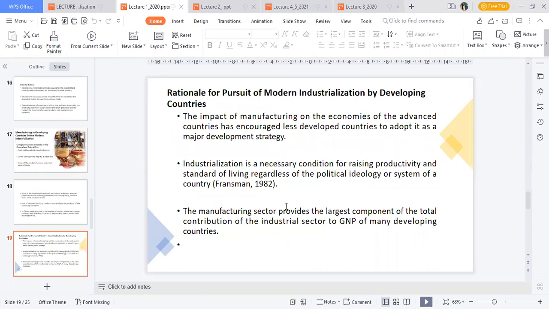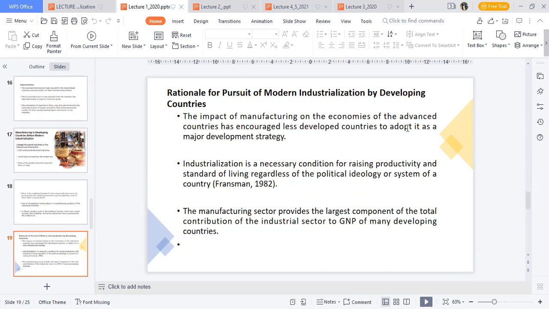Let's look at the rationale for the pursuit of modern industrialization by developing countries. Meaning, what was the reason why developing countries had to adopt industrialization? Point number one: the impact of manufacturing on the economies of the advanced countries has encouraged less developed countries to adopt this.